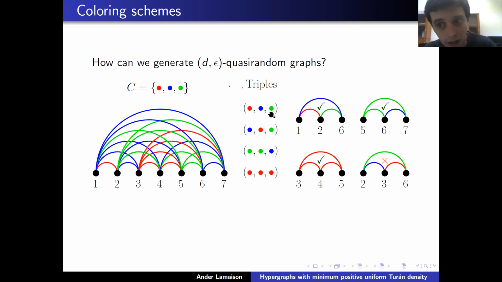And red, blue, green is one of the ordered triples in our list. Whereas for the vertices 2, 3, and 6, the left color is blue, the top color is green, and the right color is red. And blue, green, red is not one of the ordered triples in our list, and therefore we don't place an edge there.